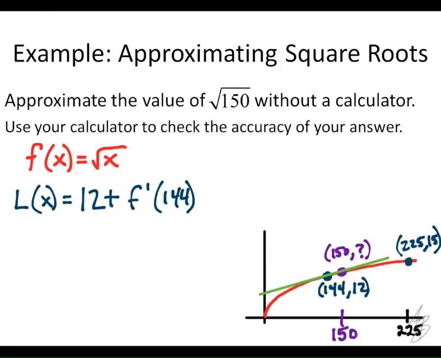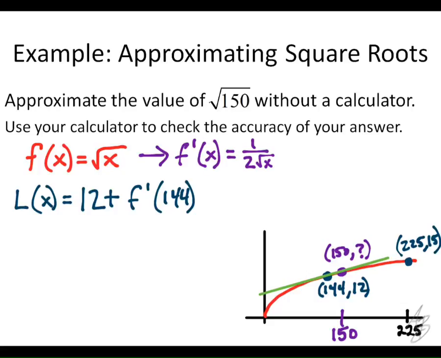Take the derivative, yeah. So the derivative of the square root function, remember that is x to the 1/2. So the derivative is going to be 1/2 times x to the negative 1/2, which would be 1 over 2 square root of x. You guys okay with that? Do I need to explain that in a little more depth?